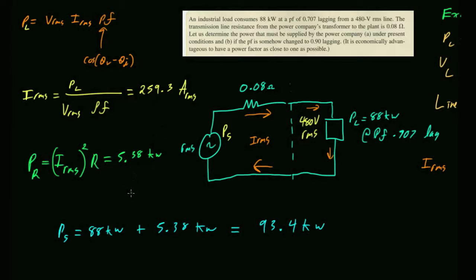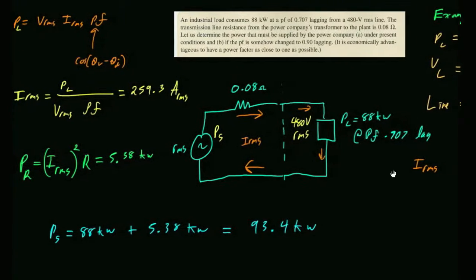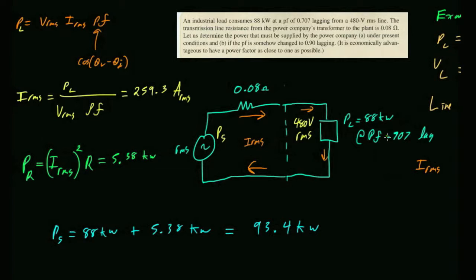So here's the really interesting thing. Suppose now at the manufacturing facility, they start messing with their power factor a little bit. They're going to consume the same amount of power, but now they're going to change their power factor to 0.9.